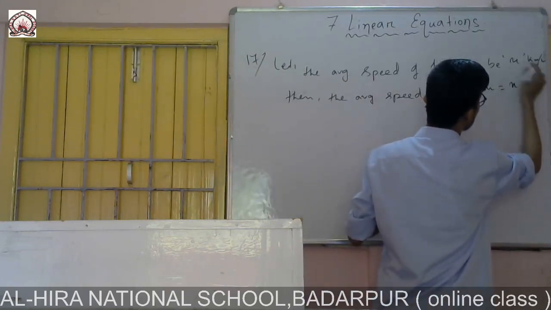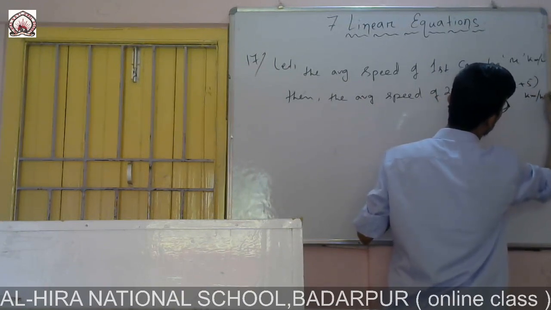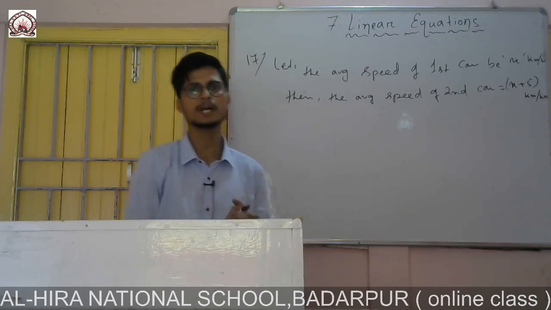So the second car is moving at a speed of x plus 5 kilometer per hour.